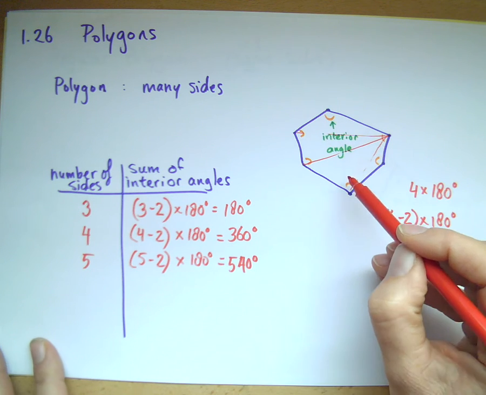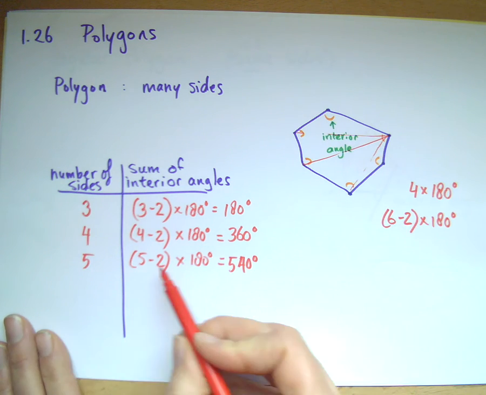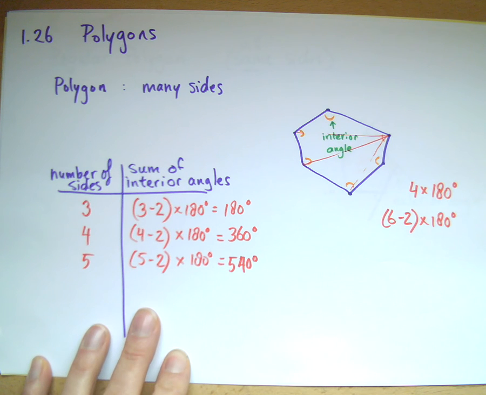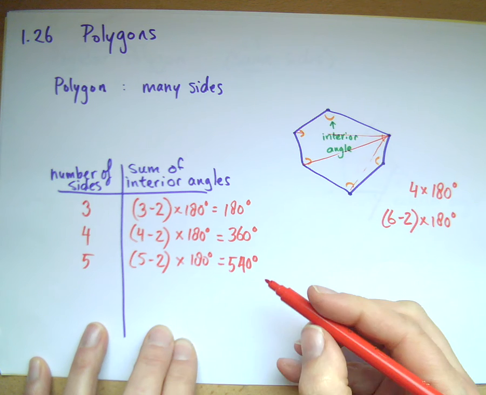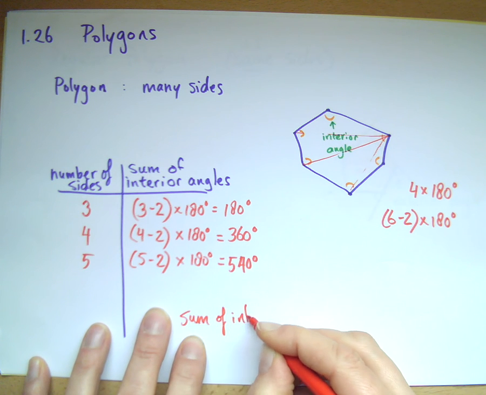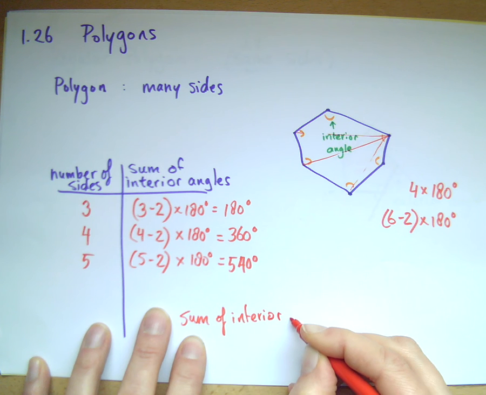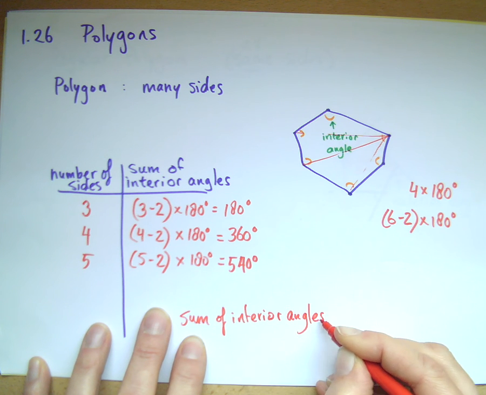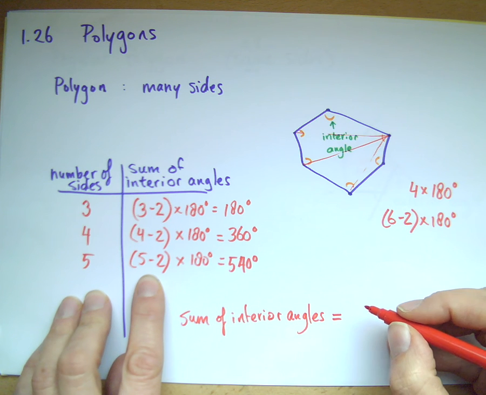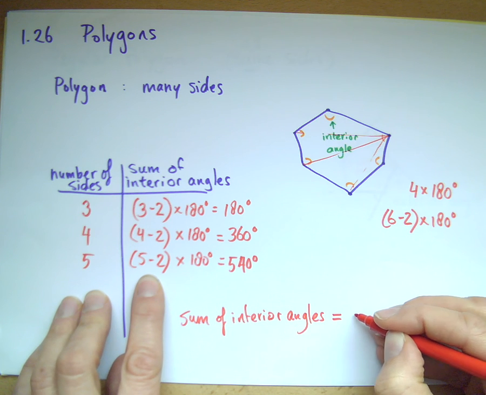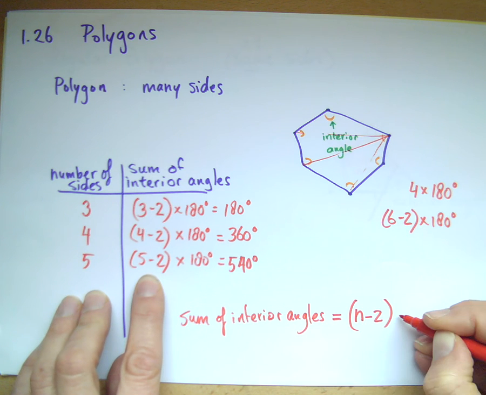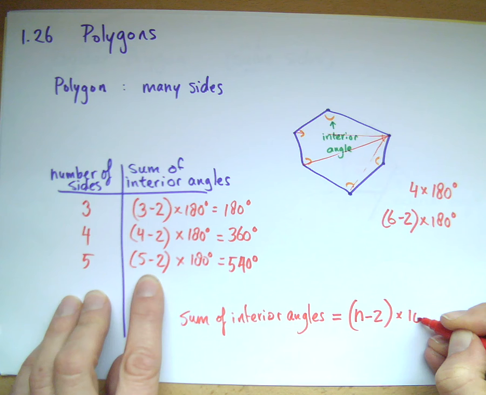I showed you this in class, but this is the proof of this formula, that in general terms we would write: sum of interior angles equals the number of sides minus 2, times 180 degrees.